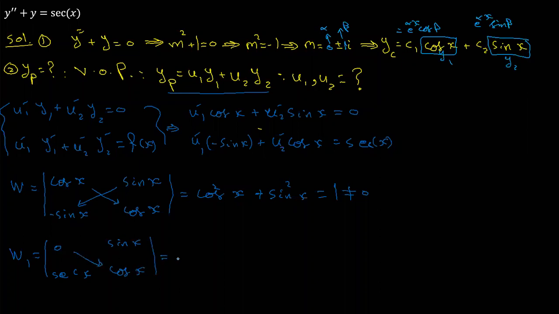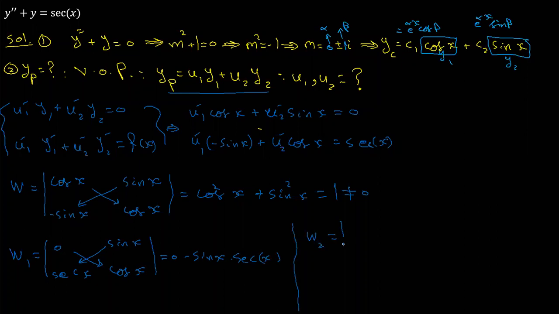This by this, it is 0, minus this by that, which is sine x times sec x. I found W1. Now let me find W2 here.